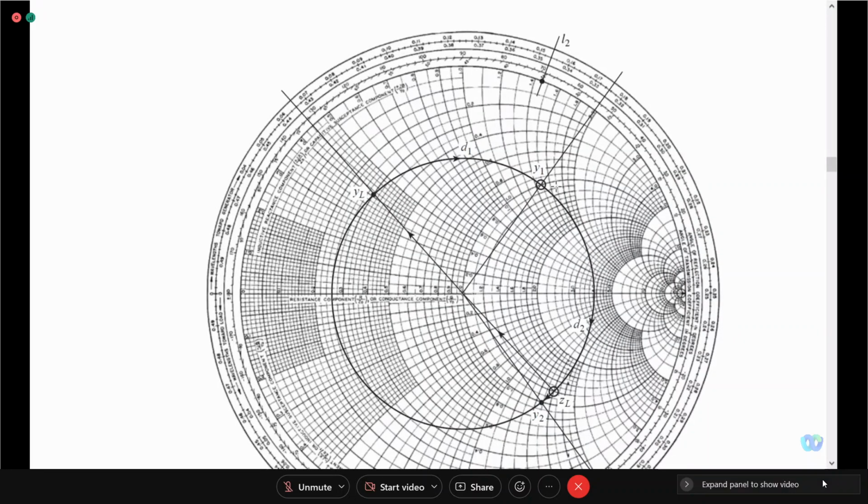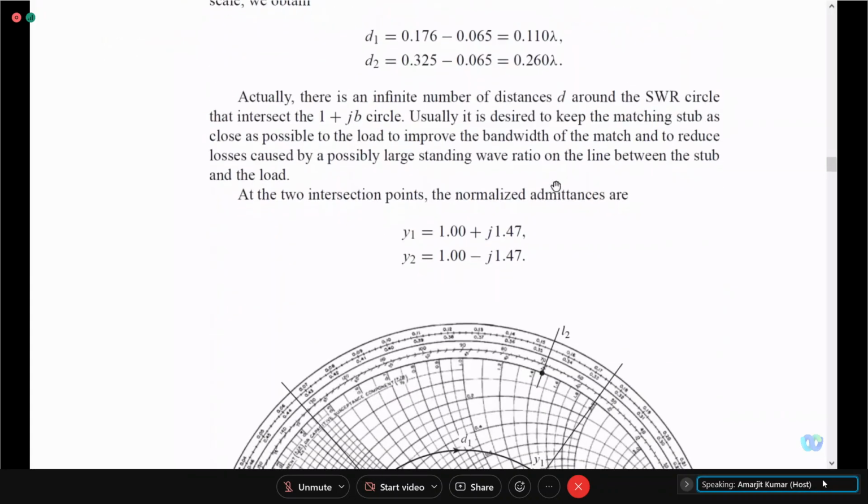So this point, Y1 is equal to 1 plus J 1.45 if I am correct. 1.46 also you can take, 1.47 they have.